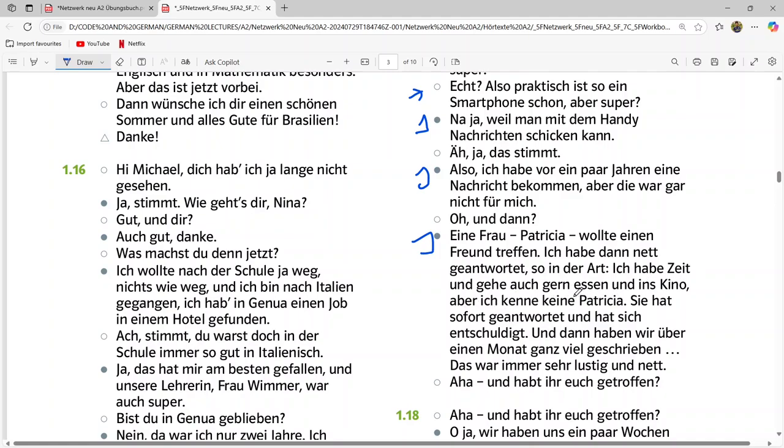So he replied like this, that I have time, I like going out to eat, and I also go to the cinema, but I don't know any Patricia. And Patricia replied and said sorry. Und dann haben wir über einen Monat ganz viel geschrieben. And from then on, for a month, they were writing and sending messages to each other.